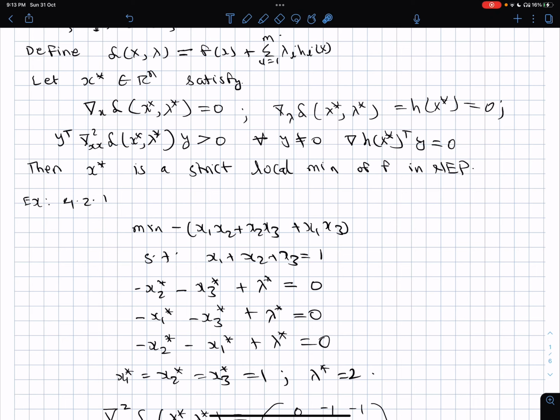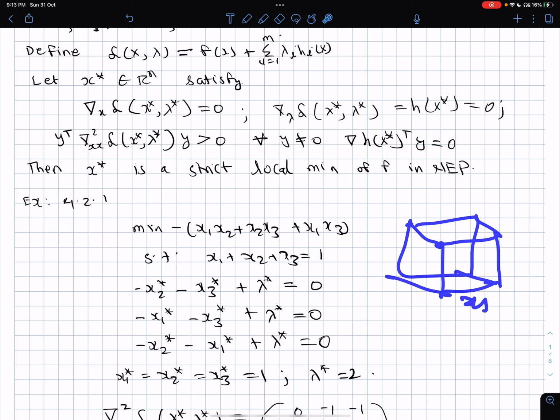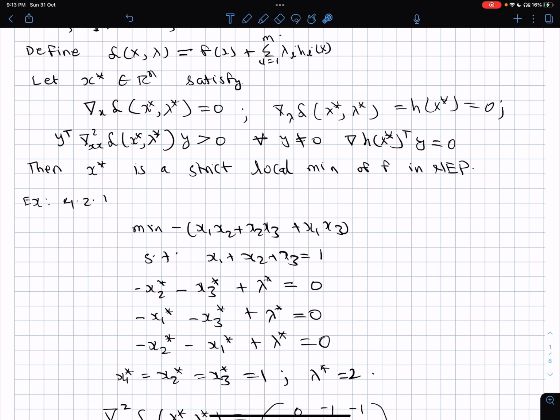Now I am not going to prove this theorem. I am just going to work out an example for you to see how it is applied. So let us say that we are trying to maximize the surface area of a parallelepiped with sides x1, x2 and x3. Then it will be a scalar multiple, 2 times x1 x2 plus x2 x3 plus x1 x3, correct?